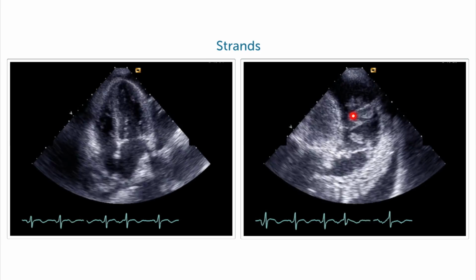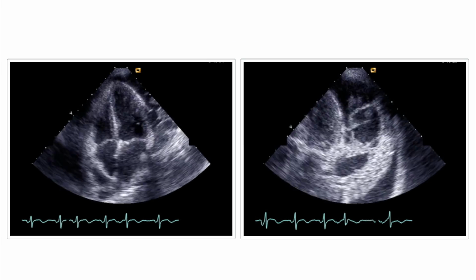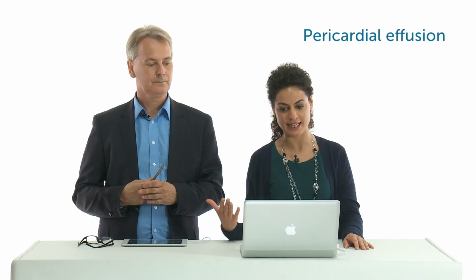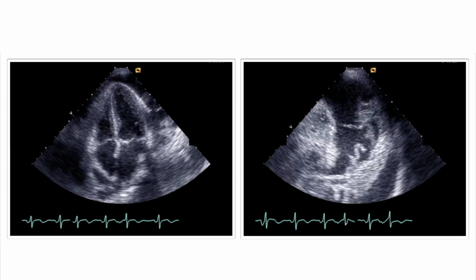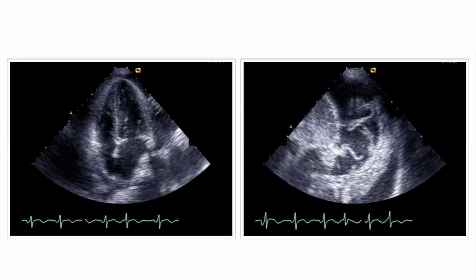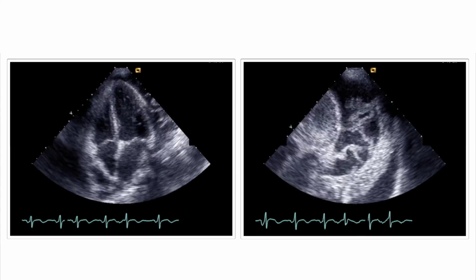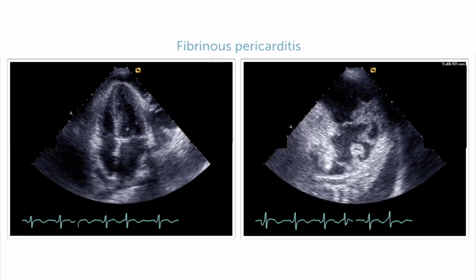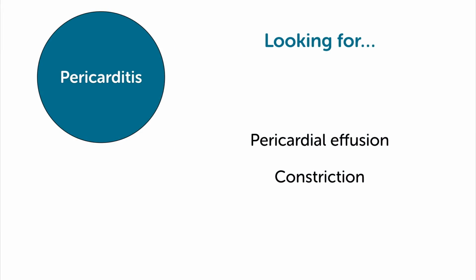Well, I know we haven't covered this topic yet. This is pericardial effusion. This will come later. For now, this is an echo-free space with strands inside. And this is a great example of fibrinous pericarditis. So when you have pericardial effusion together with fever and clinical signs, the suspicion of pericarditis is really high.